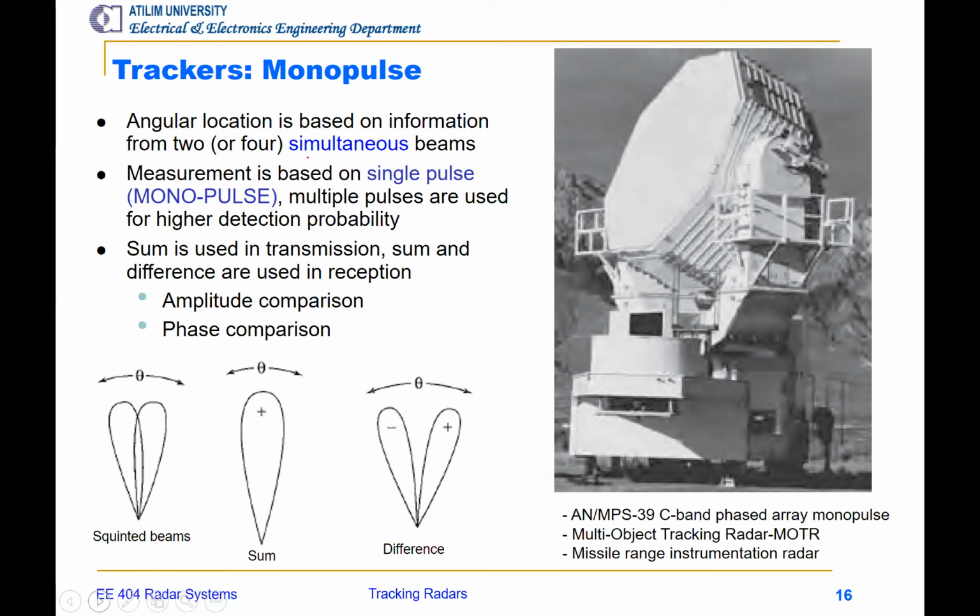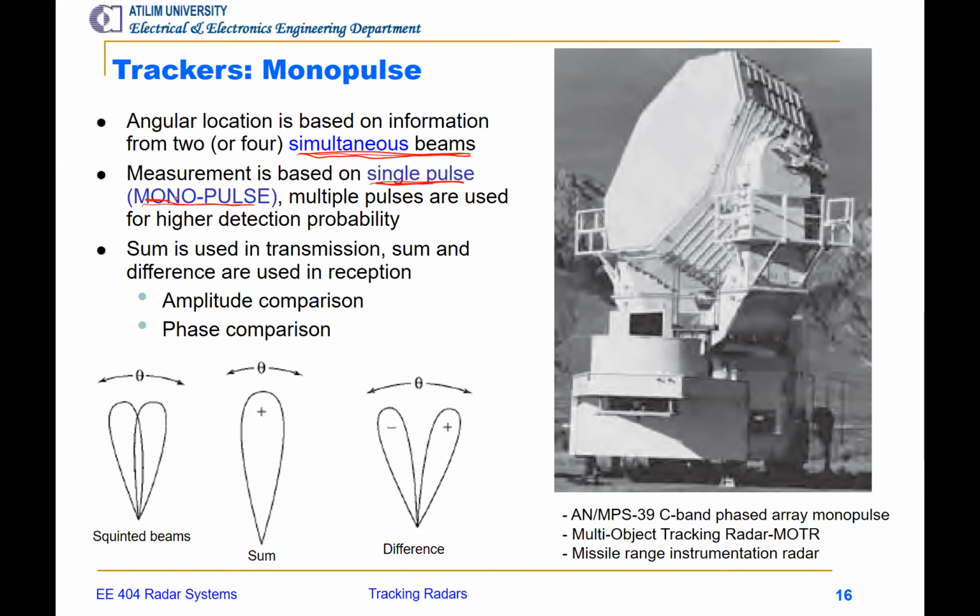It uses simultaneous beams, and it uses, at least theoretically, a single pulse to measure the position, or to estimate the position of the target. That's why we call it monopulse.